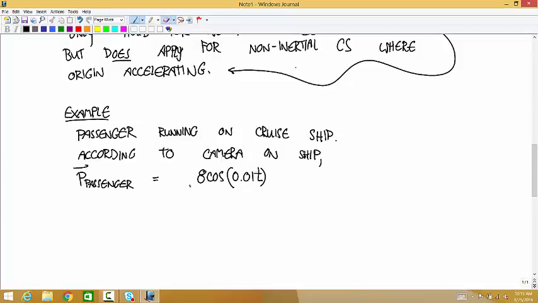That should be 80. And then 80 times the sine of 0.01t.